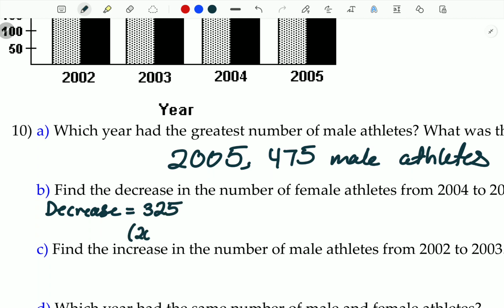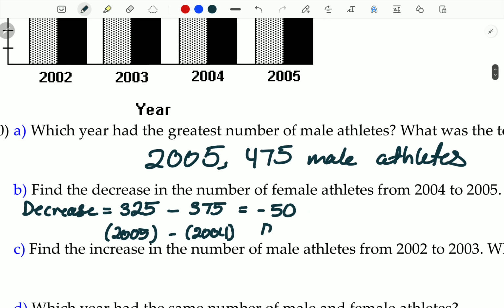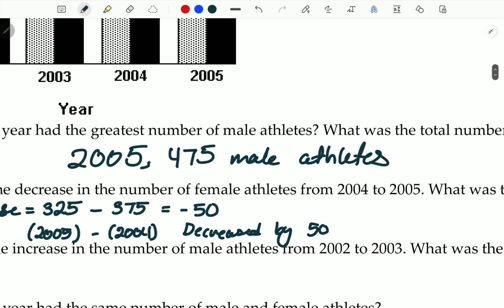I'll put 2005 here. Minus the number of female athletes in 2004. And that equals negative 50, which means it decreased by 50 female athletes.